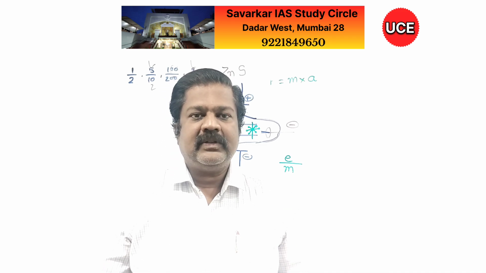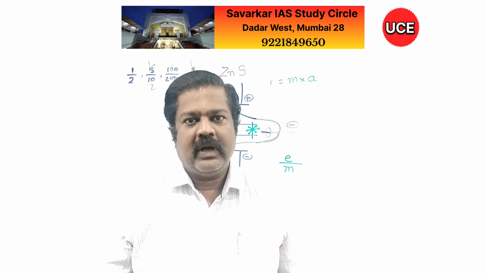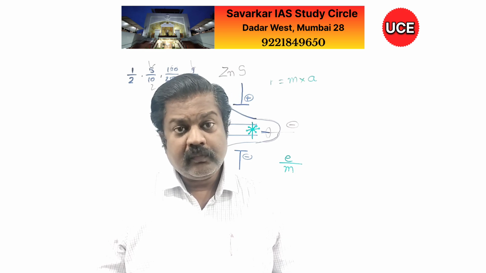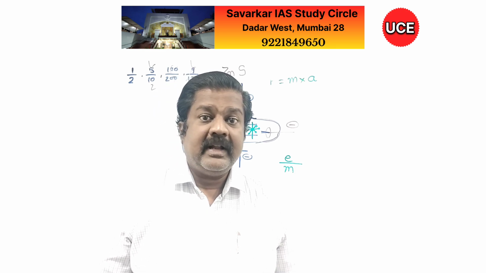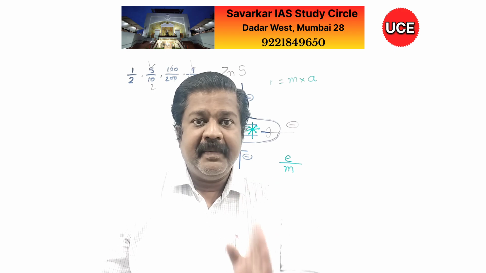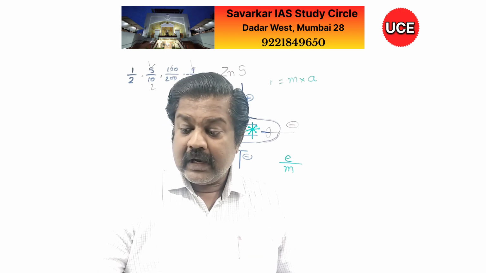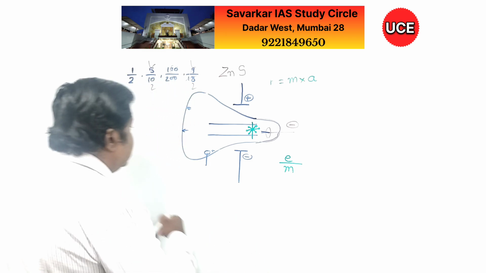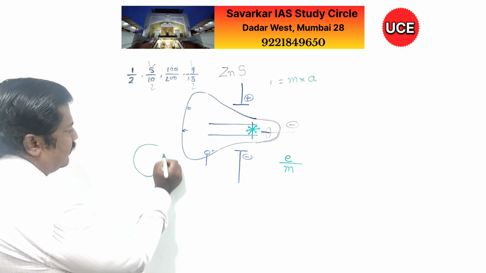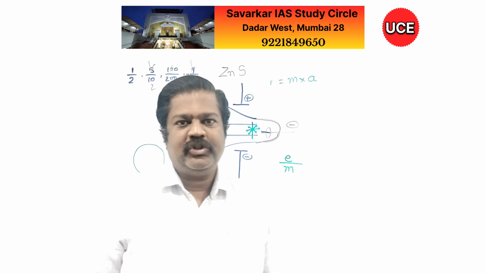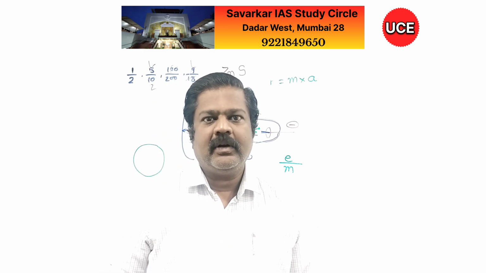On the basis of this, the first atomic model was put forward by Sir JJ Thomson. He says there must be the presence of positive charge, so atom is essentially a sphere of positive charge. Why sphere?